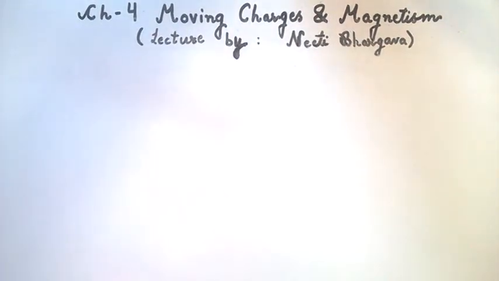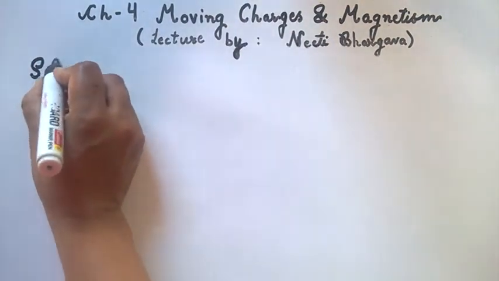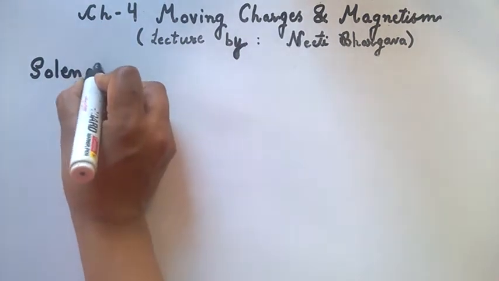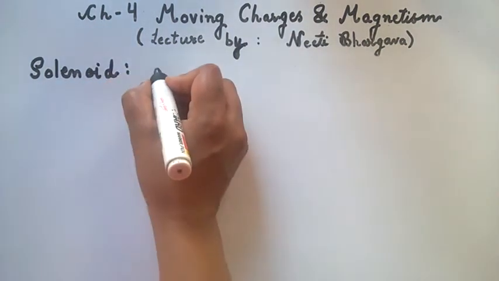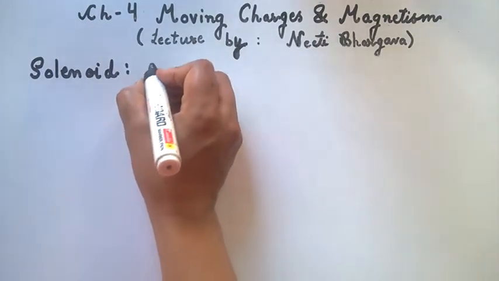In continuation with this chapter, moving charges and magnetism, now let's study another topic, that is the solenoid. A solenoid is a device or equipment which is used to produce a magnetic field which is uniform.